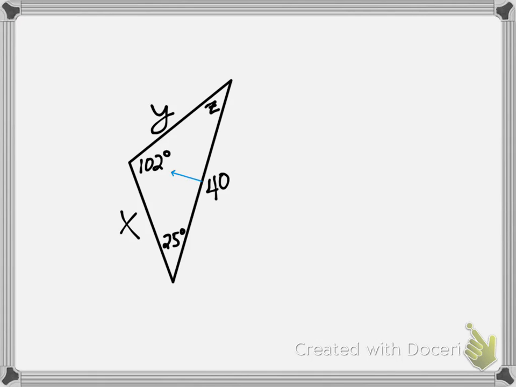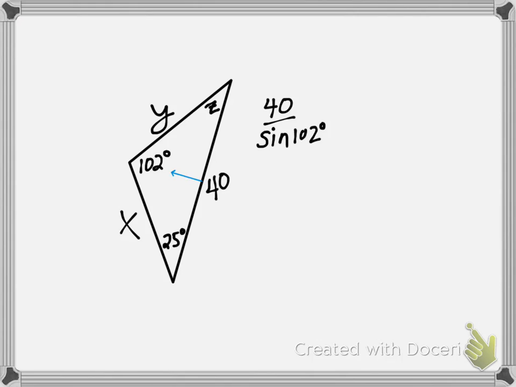So how would we set them up? We would take the 40, which is our side, over the sine of 102 degrees, and we're going to set that equal to whatever it is that we want to solve. Now again, you must have an opposite relationship like we did with the blue arrow. So let's see. We can now solve for y.